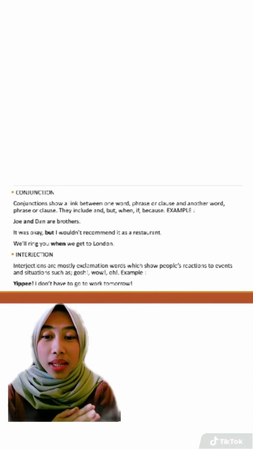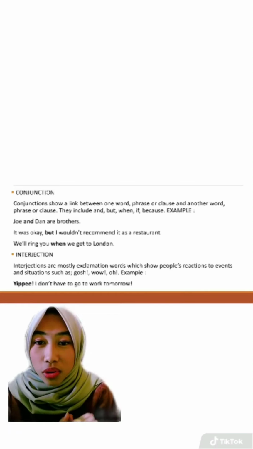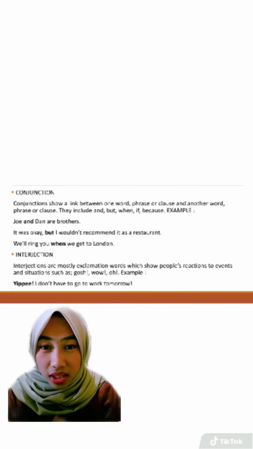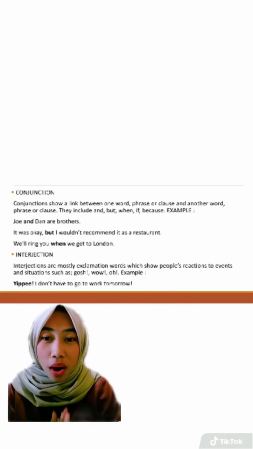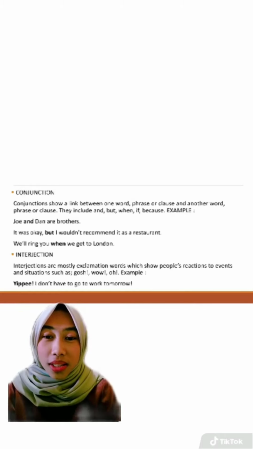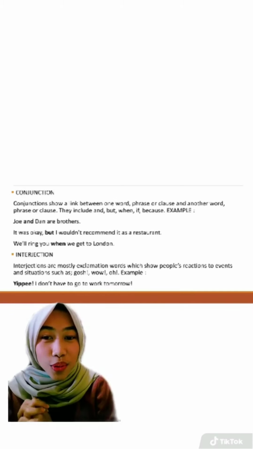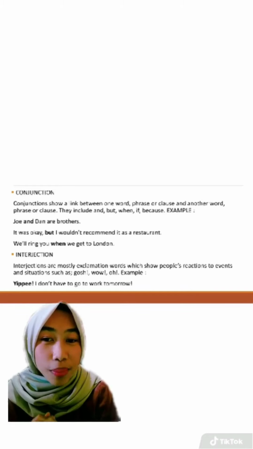And the last one, interjection. Interjections are mostly exclamation words which show people's reactions to events and situations, such as gosh, wow, or oh. The example: yippee, I don't have to go to work tomorrow. The word yippee is the example of an interjection.